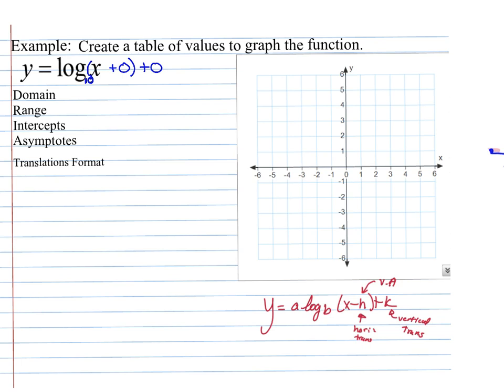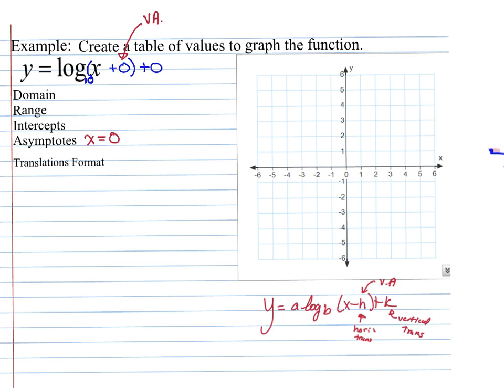So for exponential functions and growth and decay, you had a horizontal asymptote. For logs and natural logs, you're going to have a vertical asymptote. So whatever this number being added here is, that's going to be your vertical asymptote. So we know our vertical asymptote, not y, sorry, because vertical means x. So it's going to be 0.